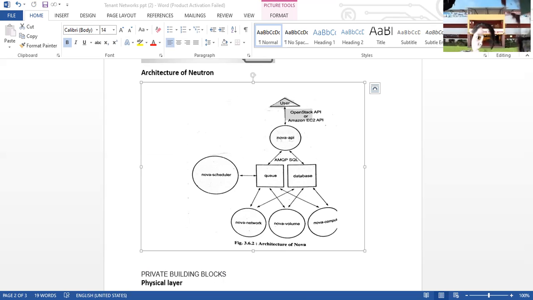There are two essential pieces of the architecture that are neither custom-written nor Python-based: the messaging queue and the database. These two components, the messaging queue and the database, you can see here in the diagram.